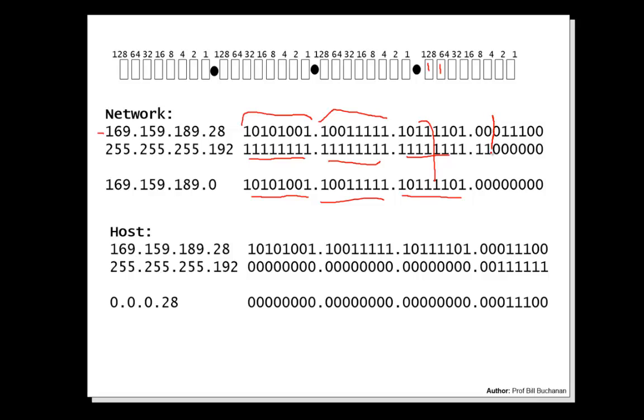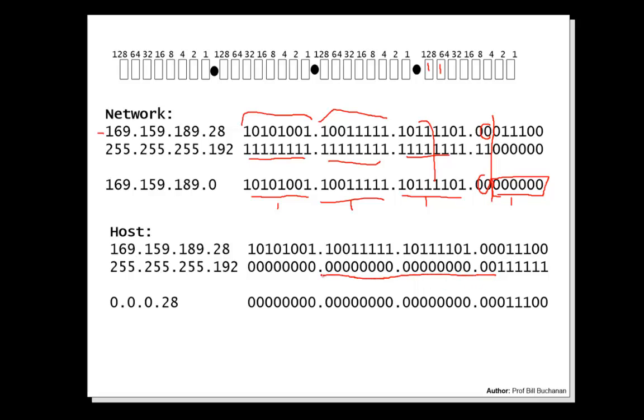Then over here, for this part, we'll take whatever's here and place it there. And then all the other bits will be zeroed, no matter what they are. So the address we end up with is 169.159.189 and then .0.